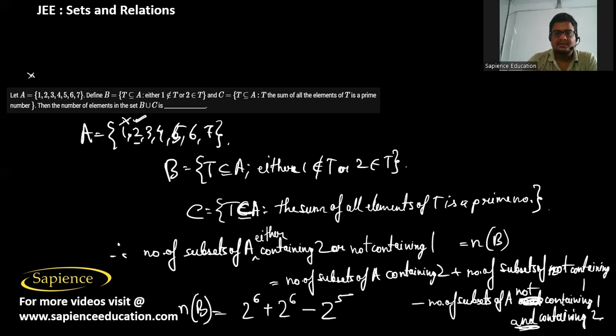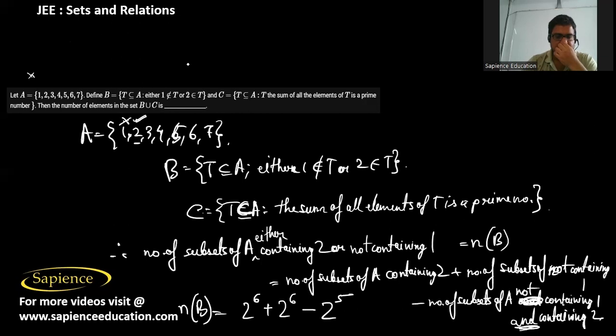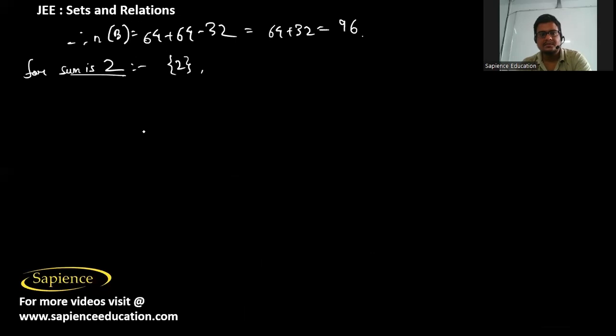Then C is the set of all subsets of A such that the sum of all elements of T is a prime number. So let's say if the sum is 2, then we can take only 2, and the same elements we can't repeat.